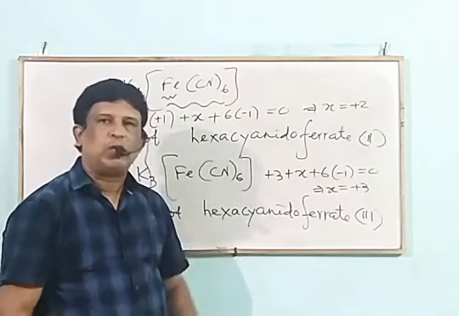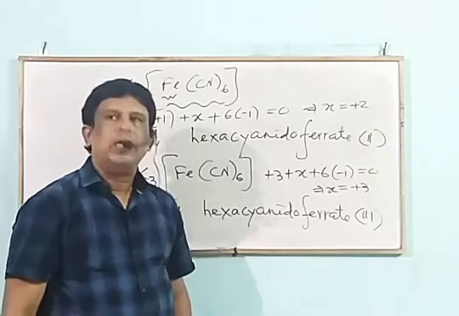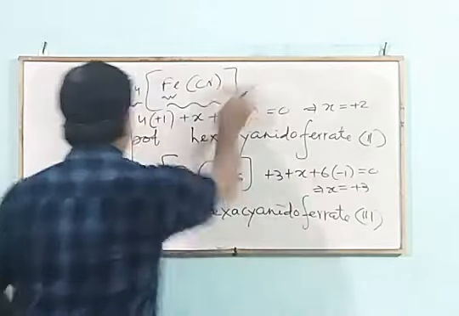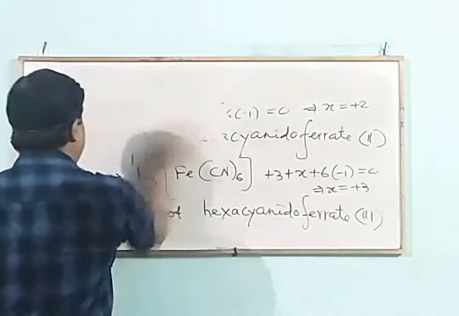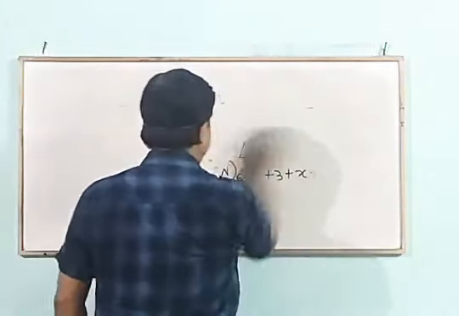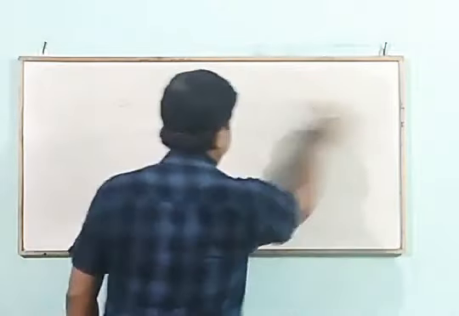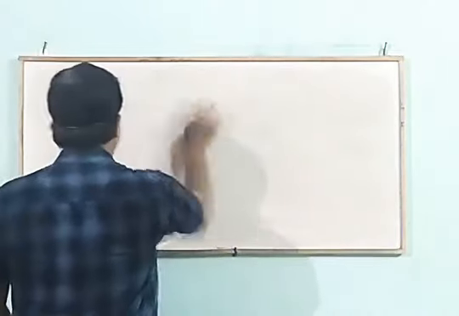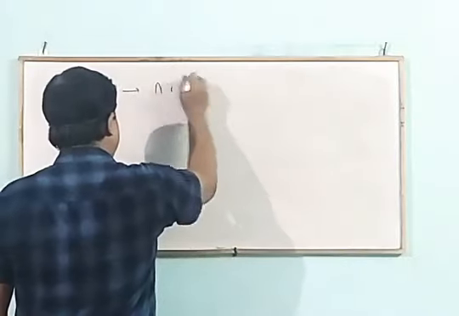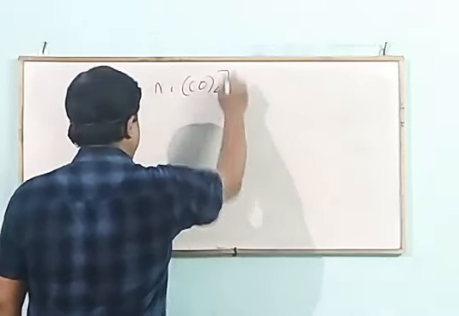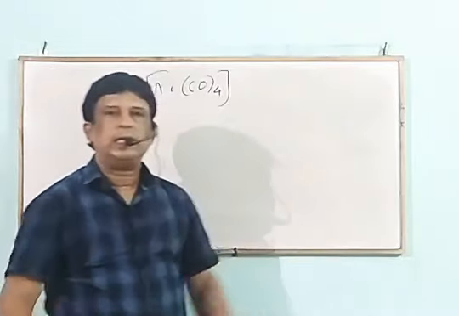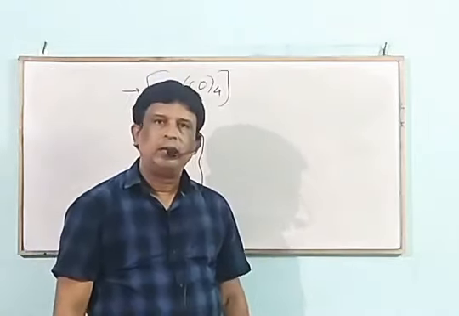So cationic complex over, anionic complex over, then we switch over to non-ionic complexes. Some examples of non-ionic complexes. Ni(CO)4, tetracarbonyl nickel. Mark that. It is a non-ionic complex. So it is represented in a single word.